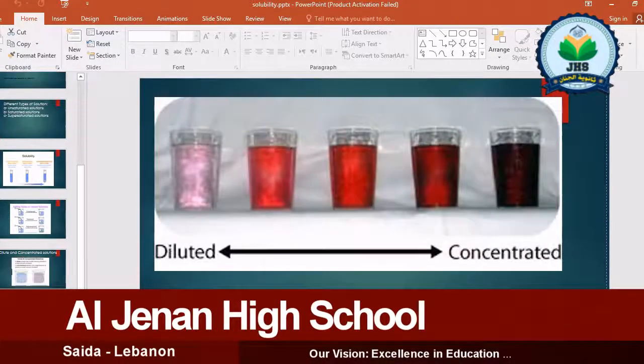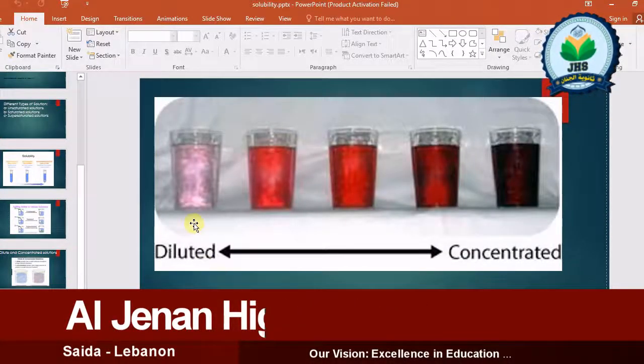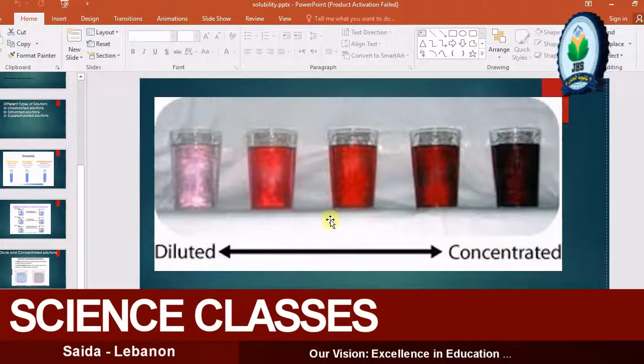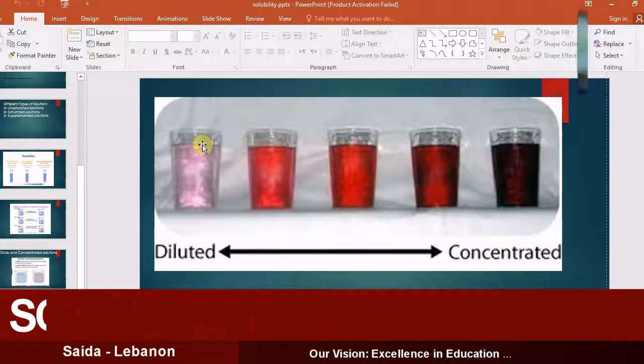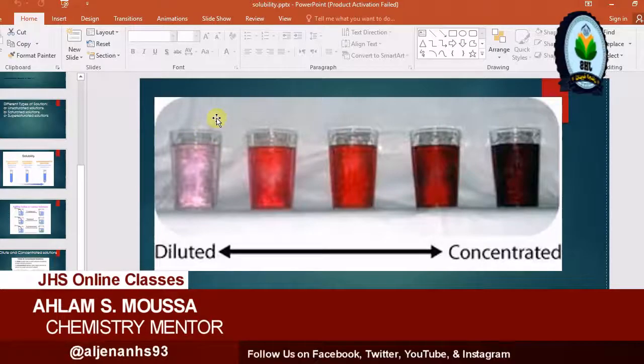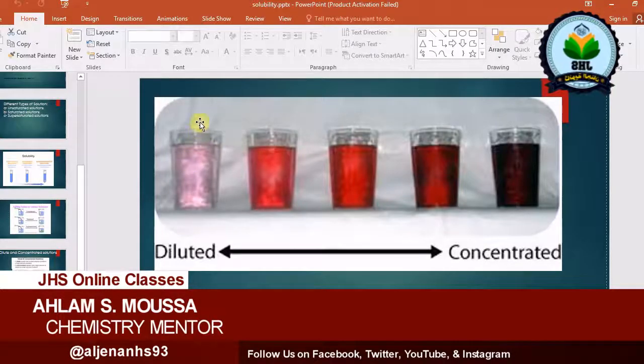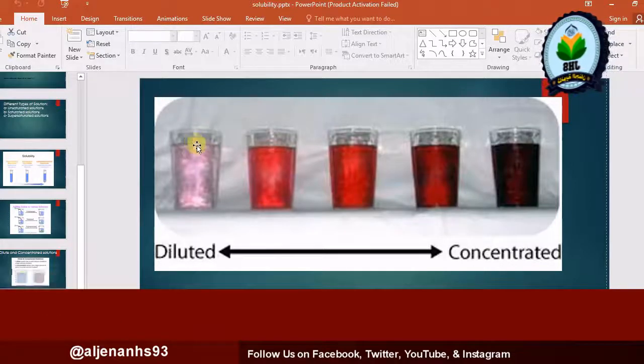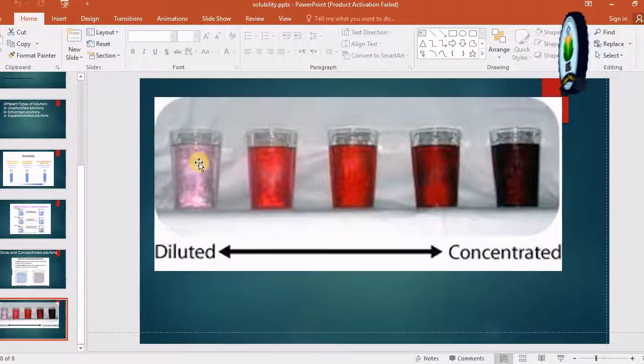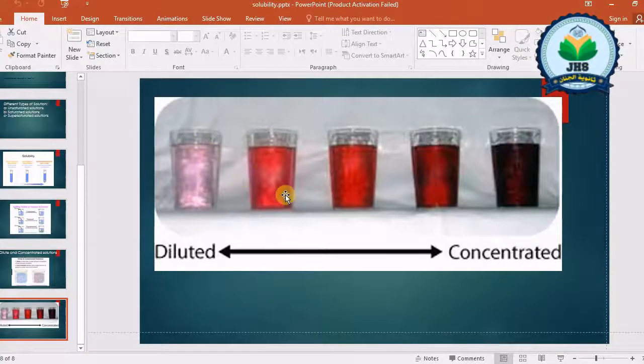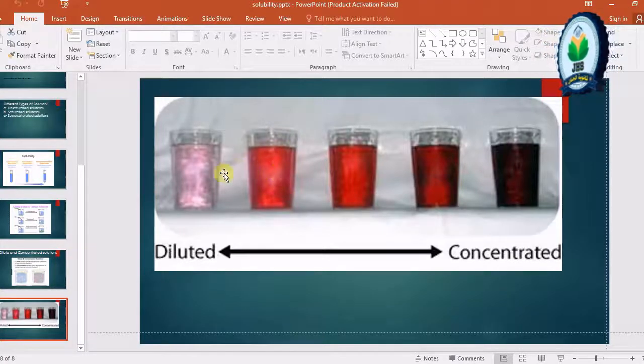At the last slide, we have an example about diluted and concentrated. We have a glass of water. I added to this glass red food coloring, just 1 drop. You will see the color is very light, like pink. In the second one, I added 2 or 3 drops of red color.